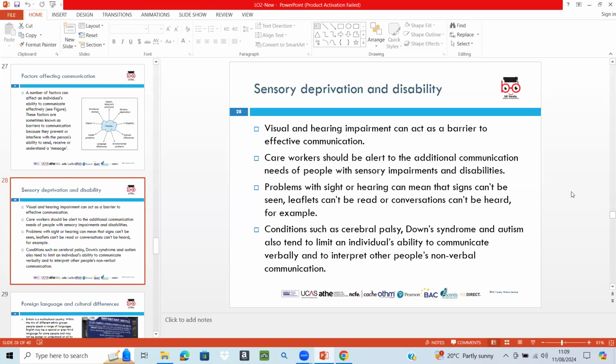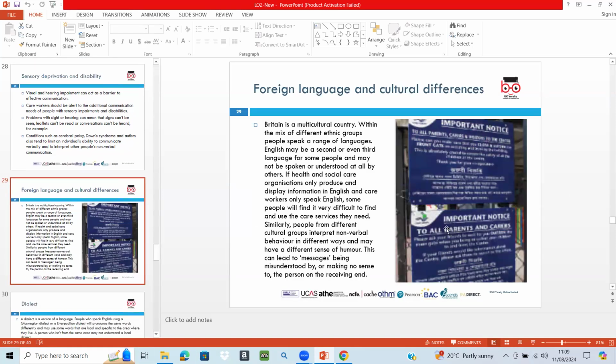Then we have foreign language and cultural differences. As we all know, we are in the United Kingdom and it's a multicultural country. People from different ethnic groups speak a range of languages.